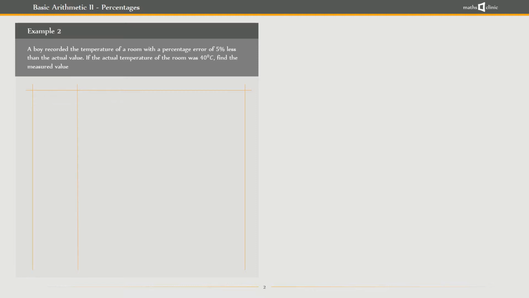Now the actual temperature of the room was 40 degrees Celsius, but he got this wrong. He didn't measure correctly, and he obtained a value less than 40, we've been told, and apparently his error was 5% of the actual value, 40 degrees Celsius. So we've been asked to work out the measured value, i.e. the value that he obtained.